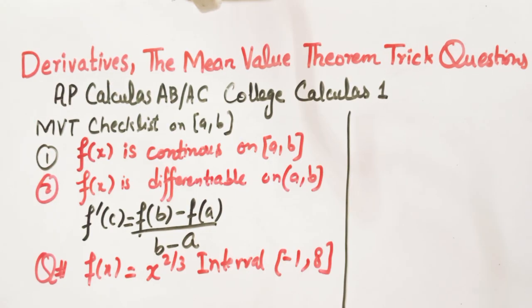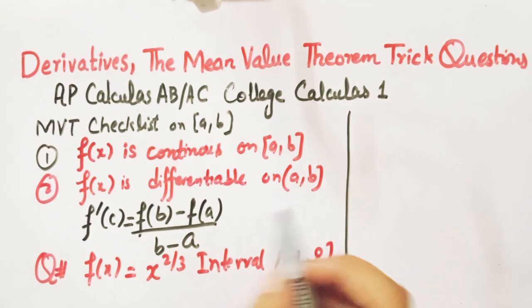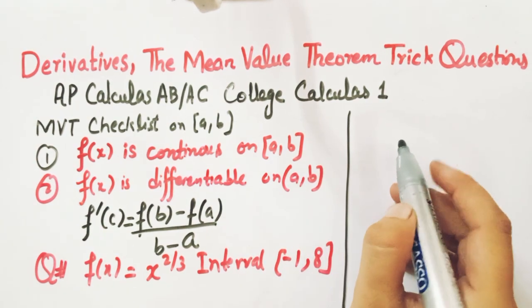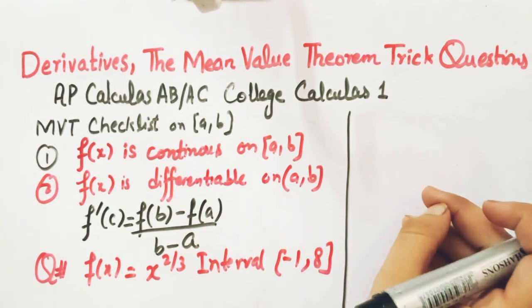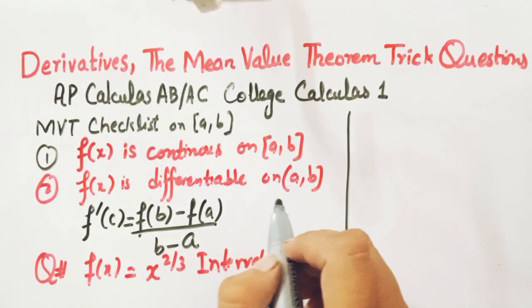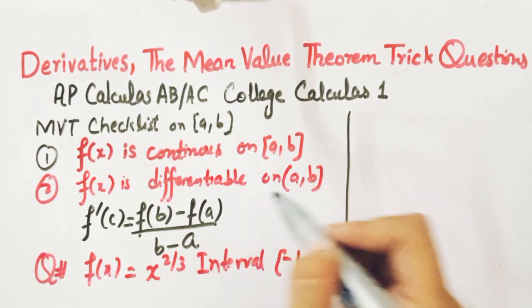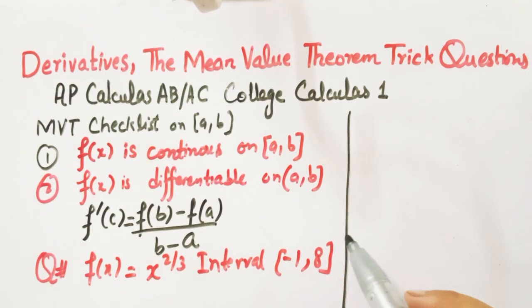If you rush into this, you will calculate the average slope, take the derivative and solve for x. But let's run through our checklist. Is the function continuous on the interval? Yes, it is continuous. The other thing is you have to check whether it is differentiable or not.